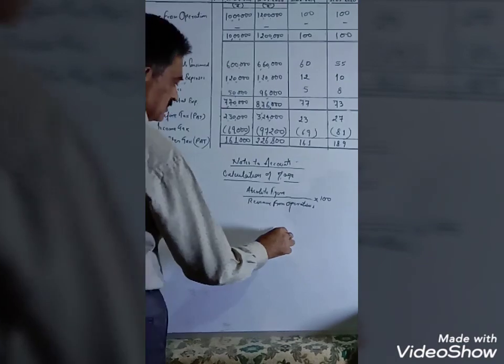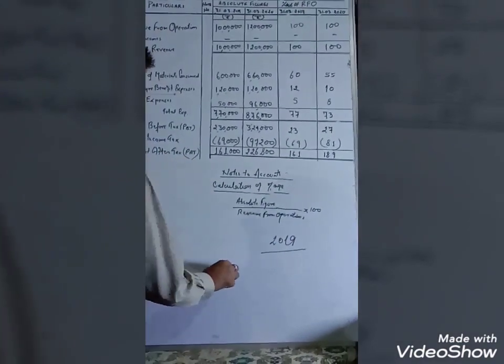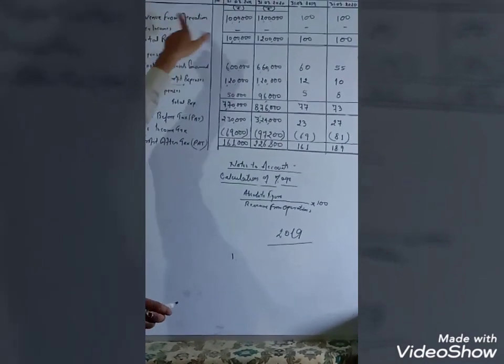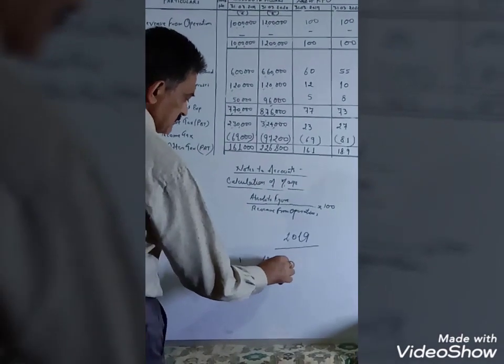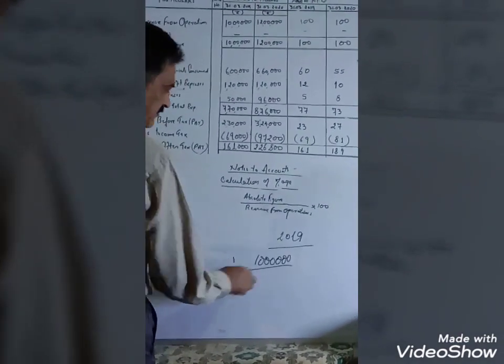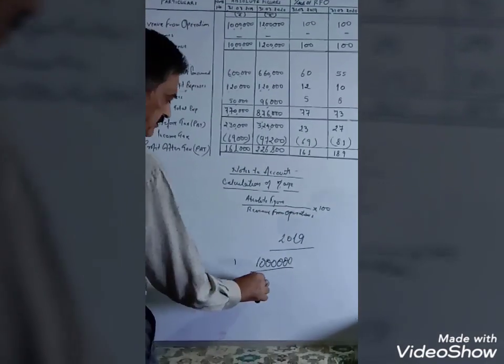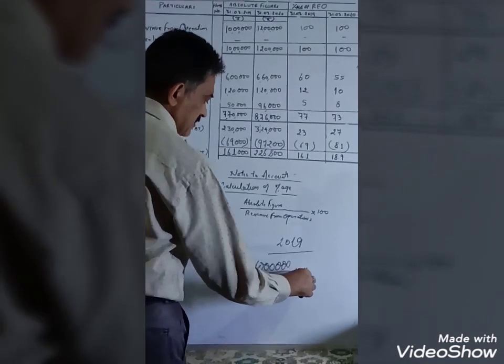If we take the figures for the year 2019, the first item is revenue from operation, 10 lakh, divided by revenue from operation, which will also be rupee 10 lakh, multiplied by 100.